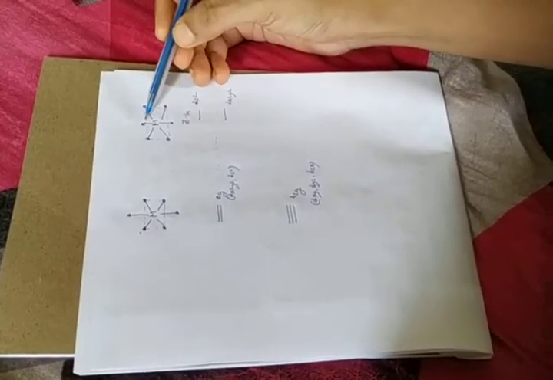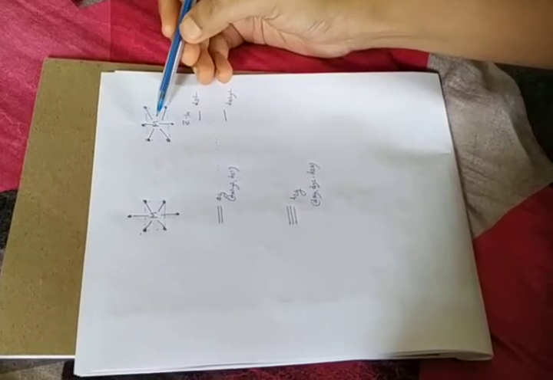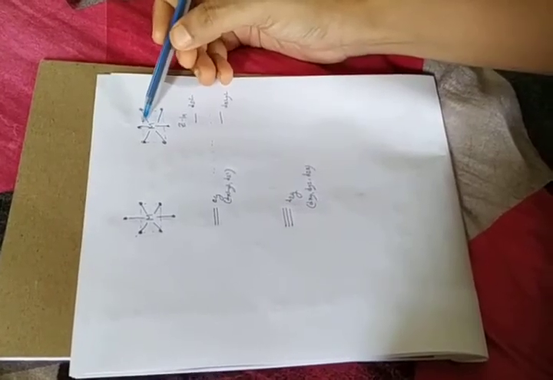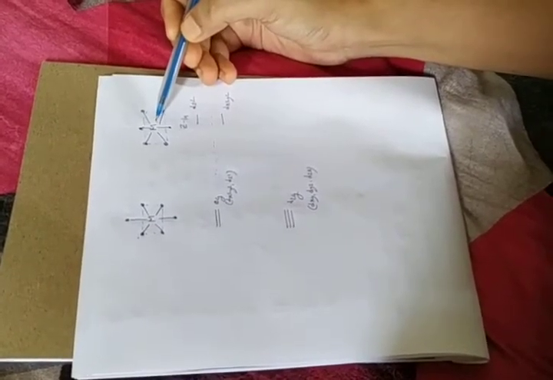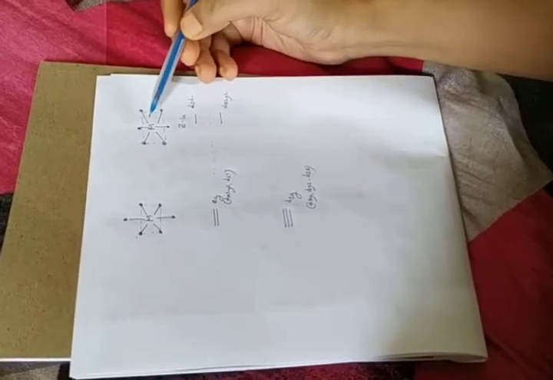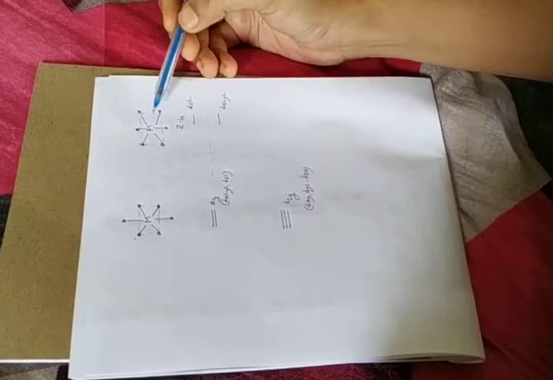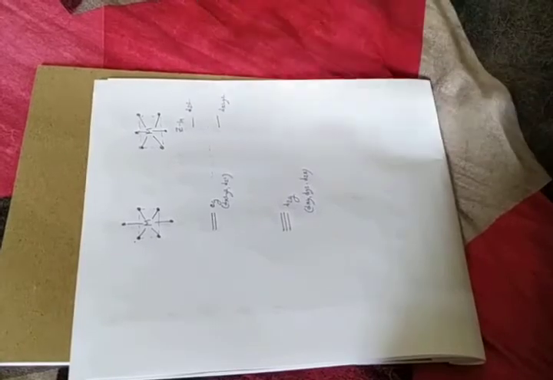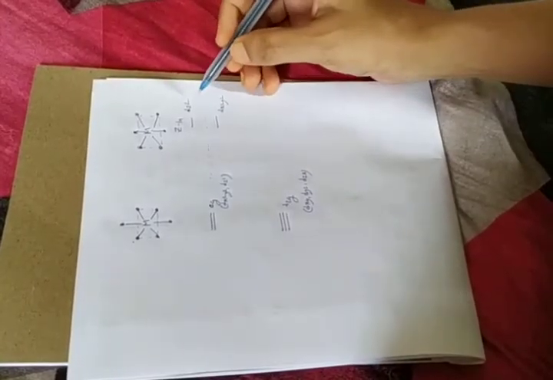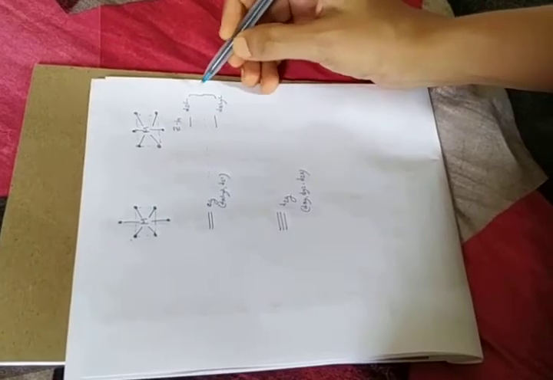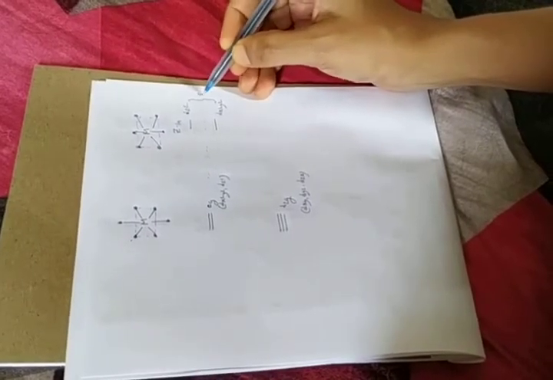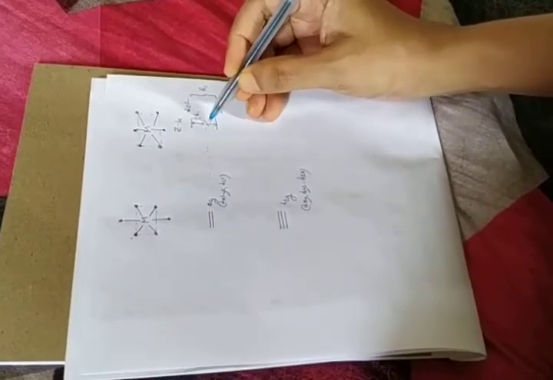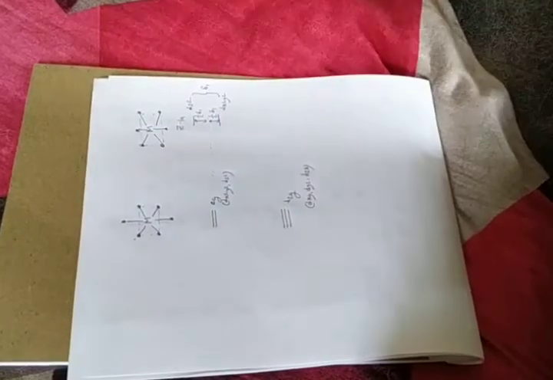Since the ligand along the z axis comes a little bit closer towards the central metal atom, the repulsive interaction between the central metal atom's dz2 orbital and the ligand will increase, therefore the energy of this particular orbital will increase. Now if we designate the energy difference by delta 1, then this energy is half delta 1 and this energy is also half delta 1.